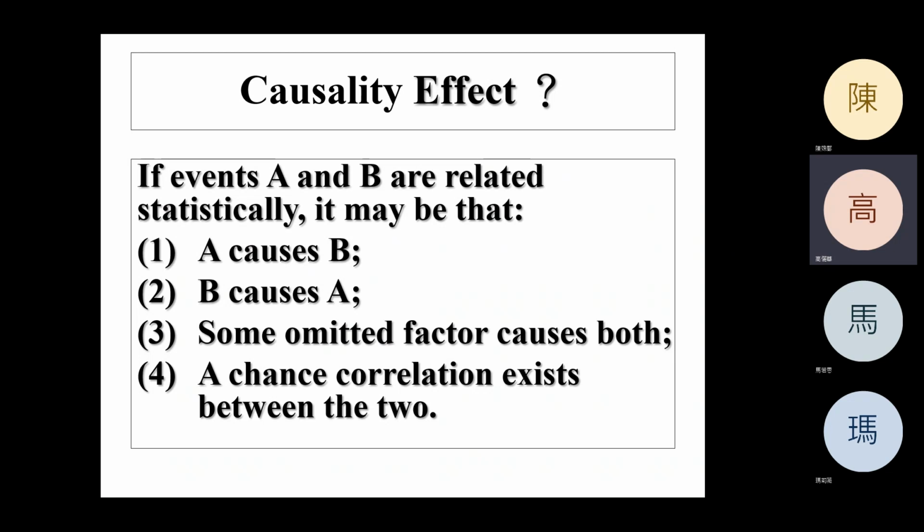So it can be anything. I think this idea is important. When we say events A and B are related statistically, it may be four situations: A causes B, B causes A, some hidden variable causes both, or just a chance correlation exists between the two.